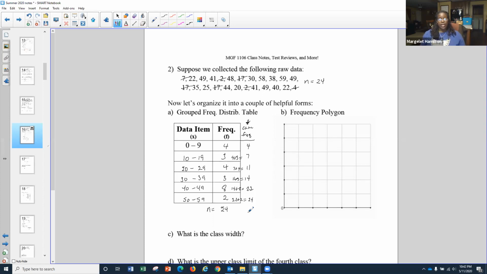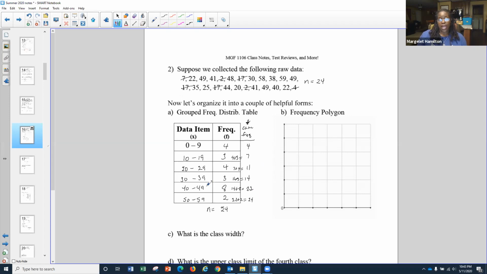Okay, again, you know you're on the right track when you get down to the end, you should have the total number of ends that we know we have, which is 24. So our column here representing our cumulative frequency, this is it. So if they ask you some questions about that, for instance, what is the cumulative frequency of our third class?